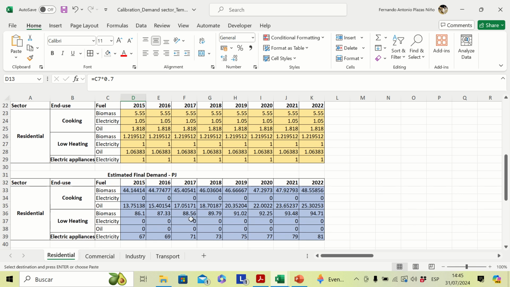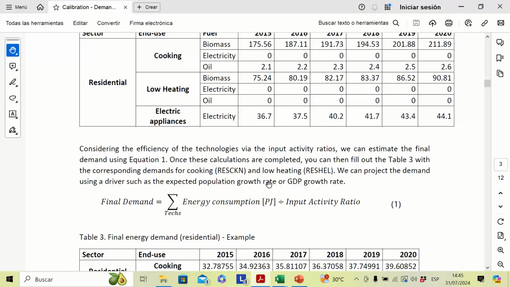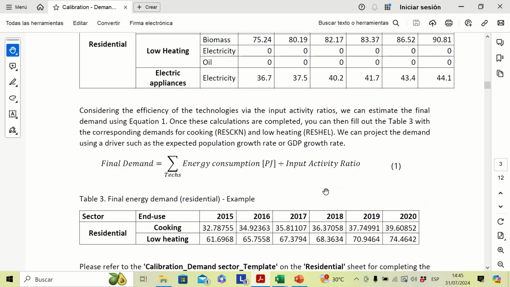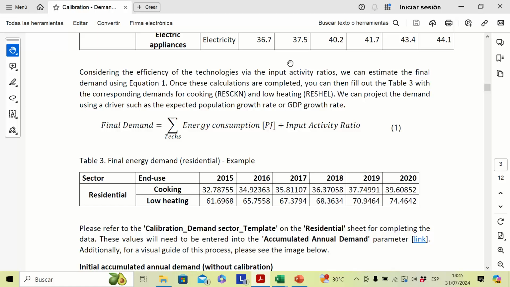With both the input activity ratio and the energy consumption by energy service, we can calculate the estimated final demand using a formulation that is also described in the second part. You also have an example here of how those values are calculated, so you can go into the different details after this video by reading this carefully.